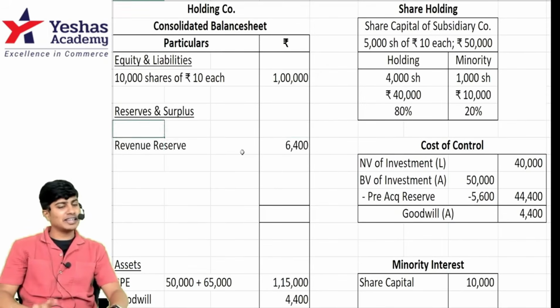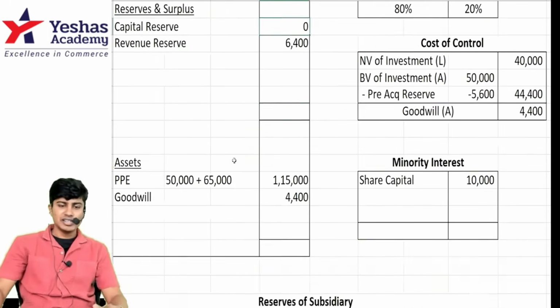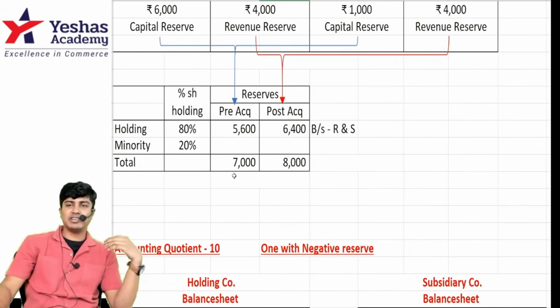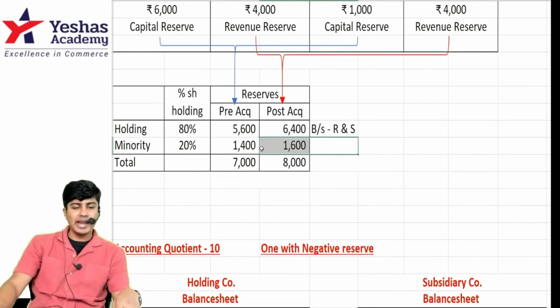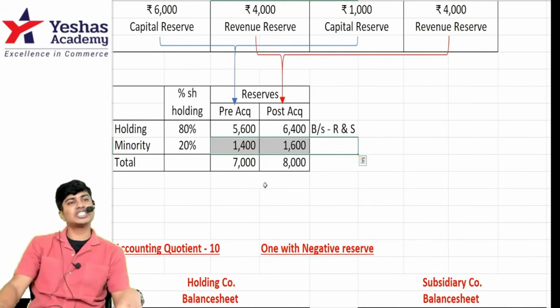Revenue reserve, not capital reserve. Then minority share: either you can do 7,000 minus 5,600 or 7,000 into 20%, 1,400. Either I can do 8,000 into 20% or 8,000 minus 6,400, 1,600. Add 1,600 and 1,400. What is this? Minority's share in the reserves of the subsidiary company.